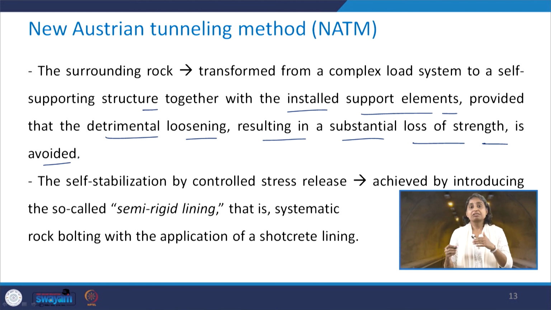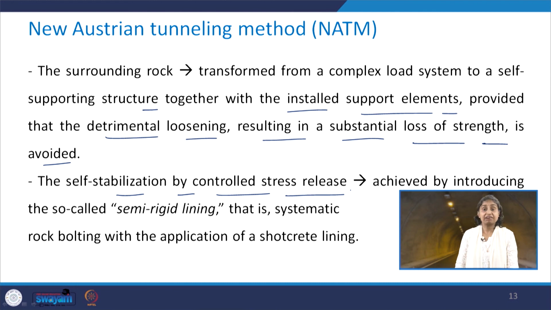So, when we provide the support system, the complete rock mass and support system should be transformed into a self-supporting structure, where the rock mass along with the installed support system act together to resist the loading. Now, the self-stabilization by controlled stress release is achieved by introducing the so-called semi-rigid lining, that is systematic rock bolting with the application of a shotcrete lining.